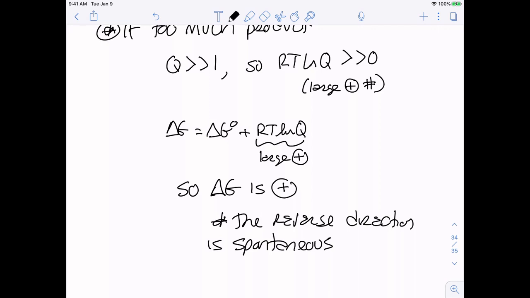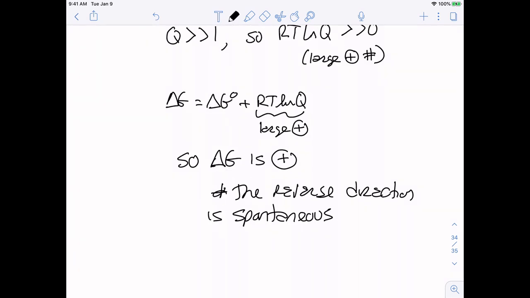Right? It's going to decrease products and increase reactants. Trying to be consistent here as to how I'm writing it. So my reactants are going to increase while my products decrease.